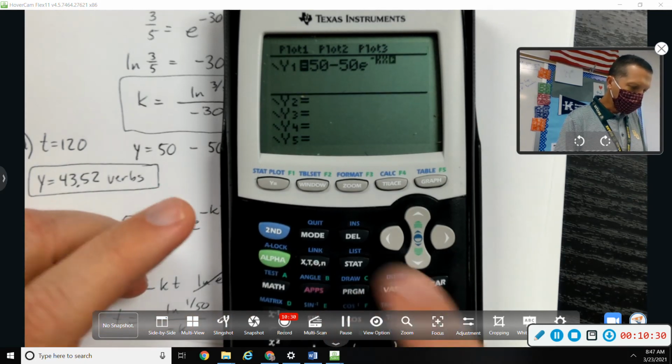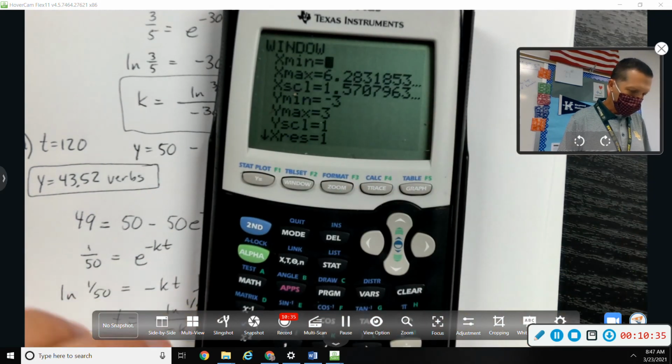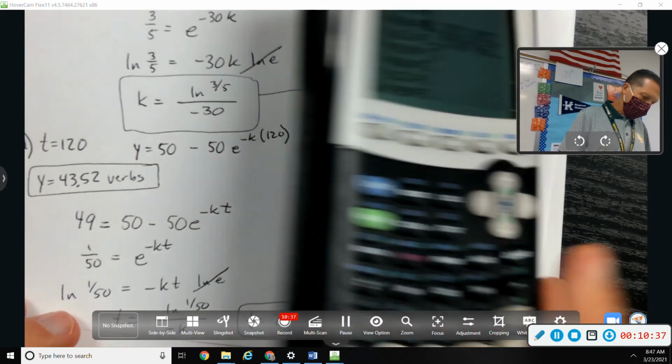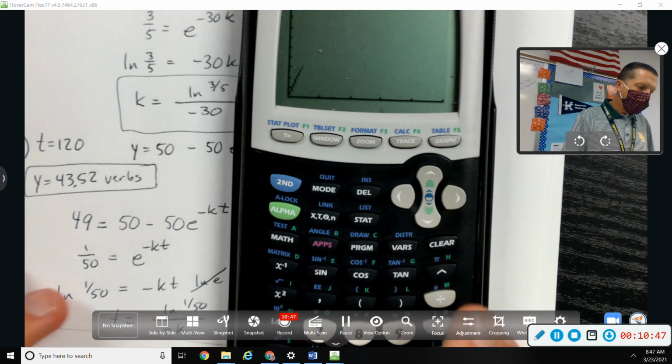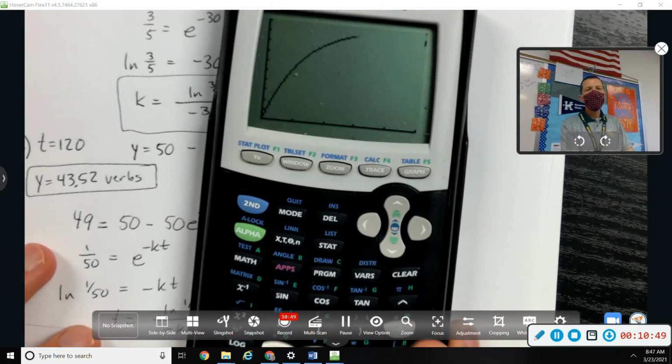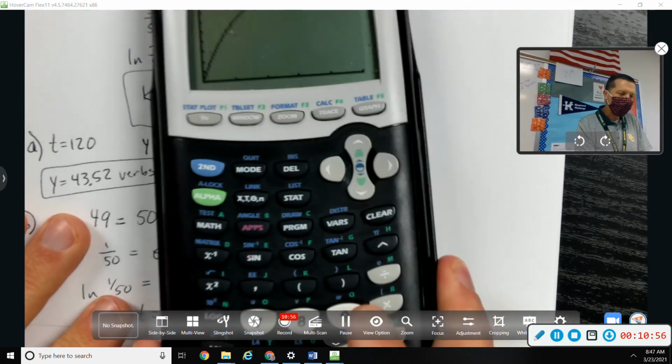I can still use k. And we want to go from 0 to, we think, 250 or so. And our y value should go from 0 to 50. So here's why our number was so big, 229 minutes.